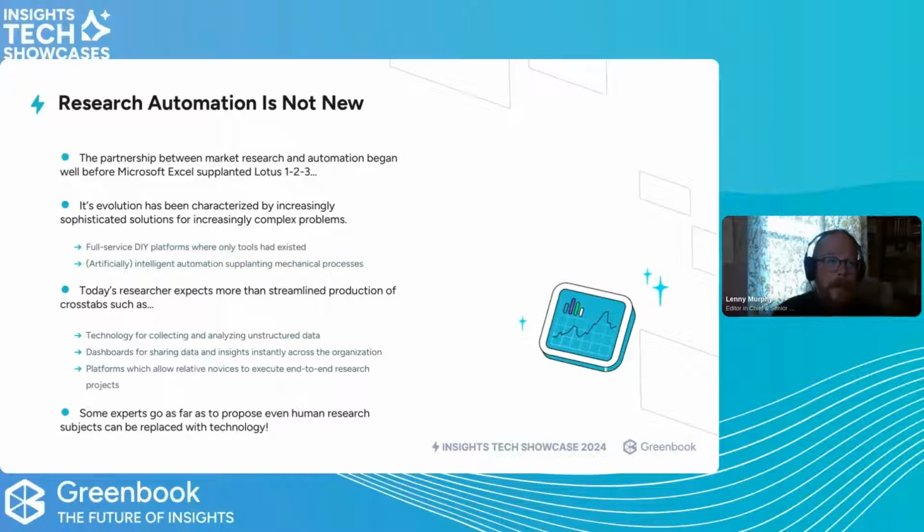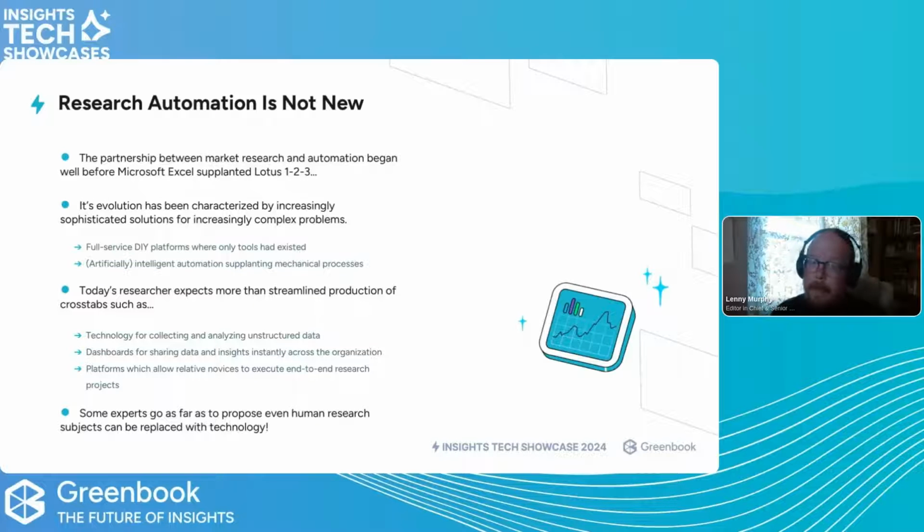We've got full service DIY platforms where only tools once existed. We've got AI that is supplanting mechanical processes. Technology has continued to just drive this automation process. And the rule of thumb has been technology inexorably tries to create efficiencies by removing time constraints.